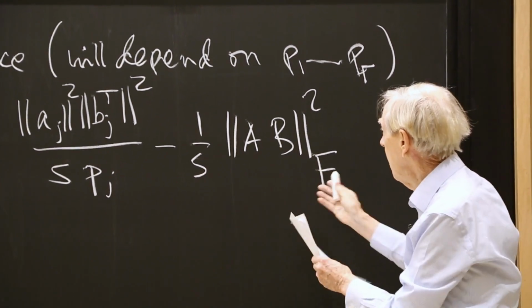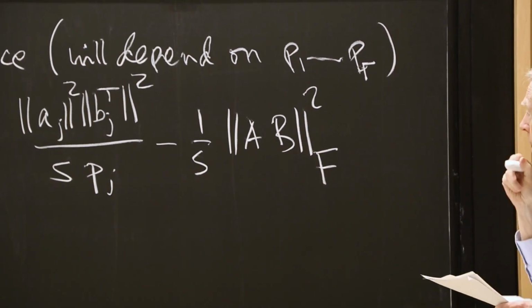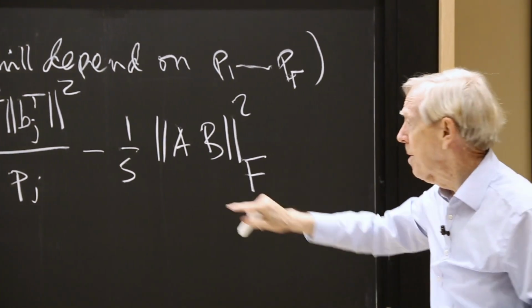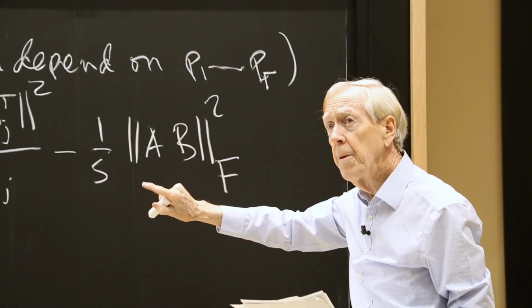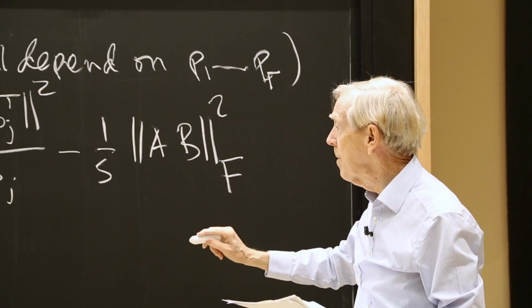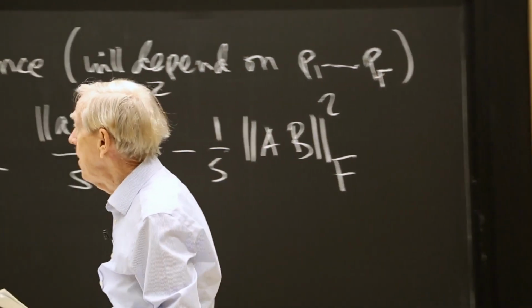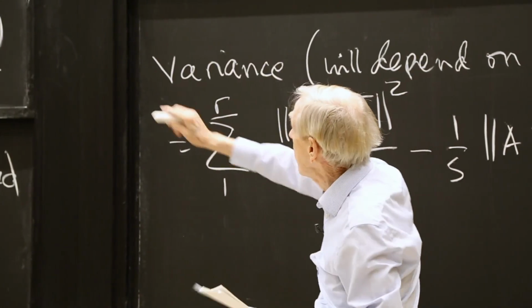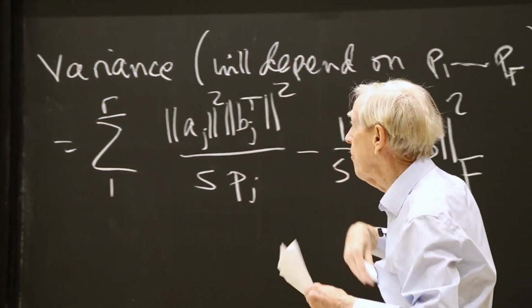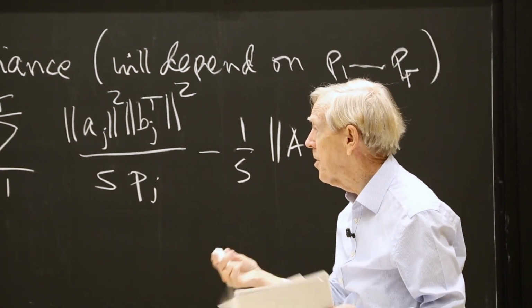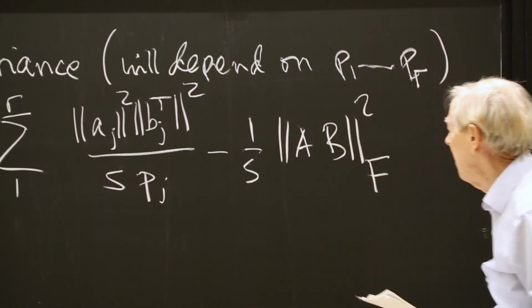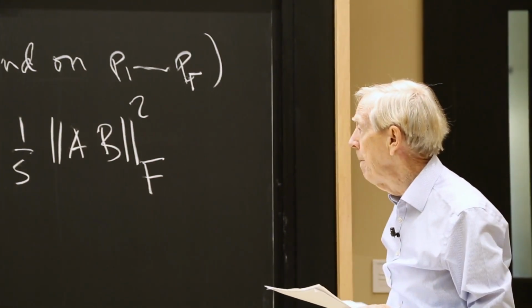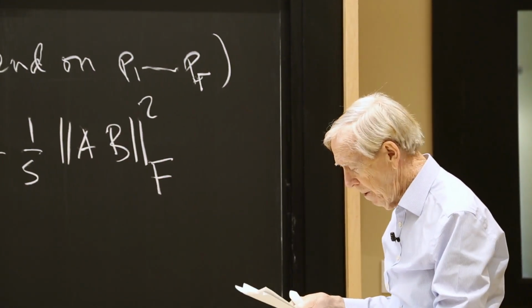So, okay, I've jumped a serious step to get from the formula for the variance. I've plugged in this problem and got that. Okay. And now I'm going to sample.